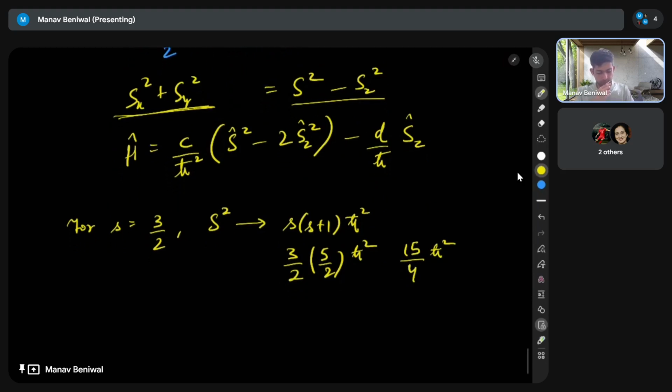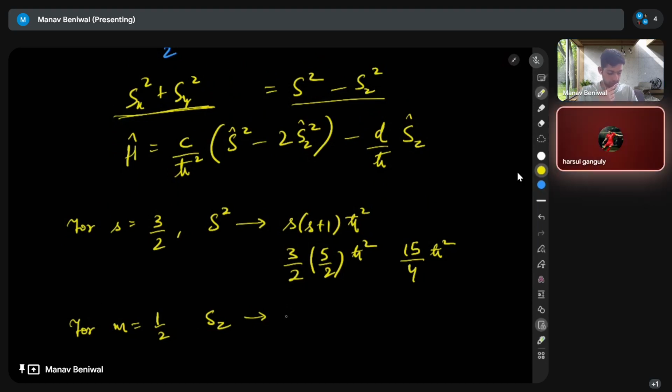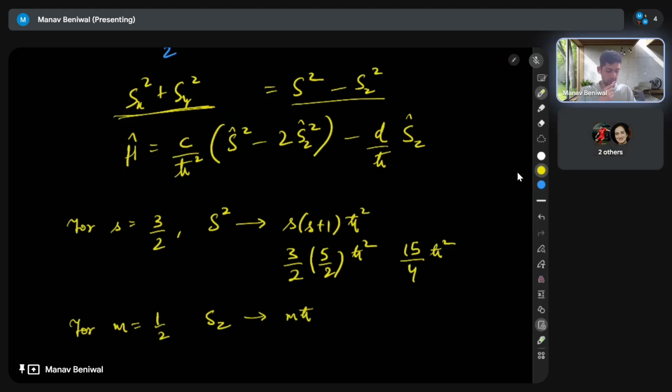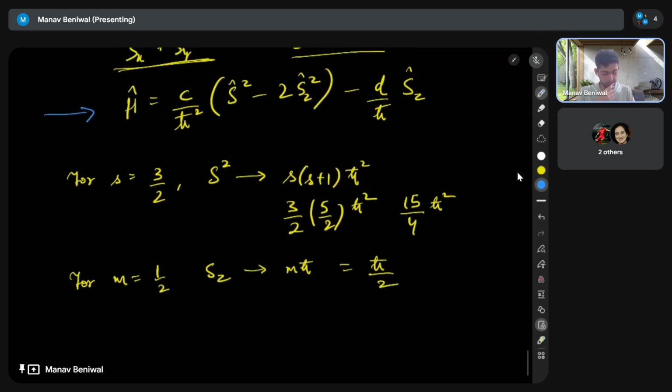Okay. Similarly, for m as 1 by 2, this Sz will give us m h bar, correct. So m h bar, and m is half, so h cut by 2. Now we can focus back to our Hamiltonian, right? So what will we get?